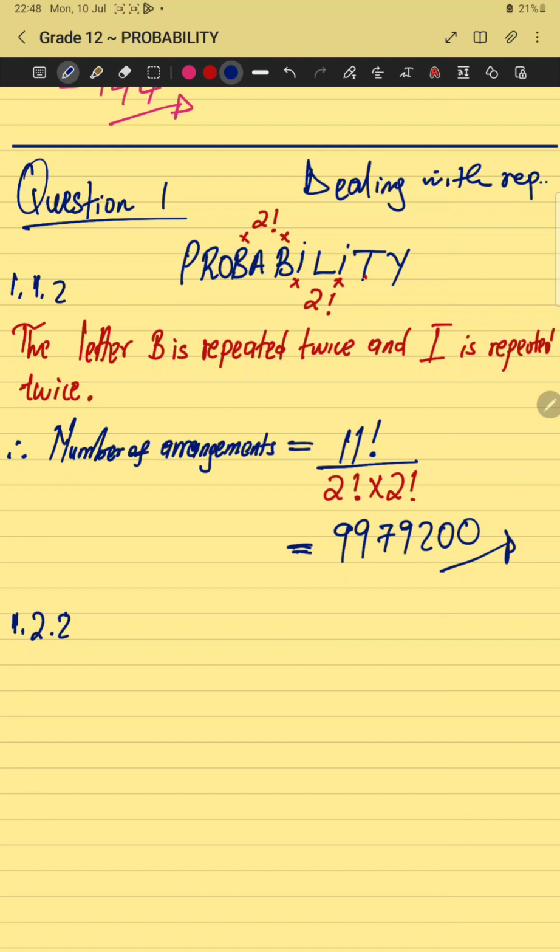They are saying that if the word has to start with letter B, that means now we're going to put B, and then we count again all the letters.